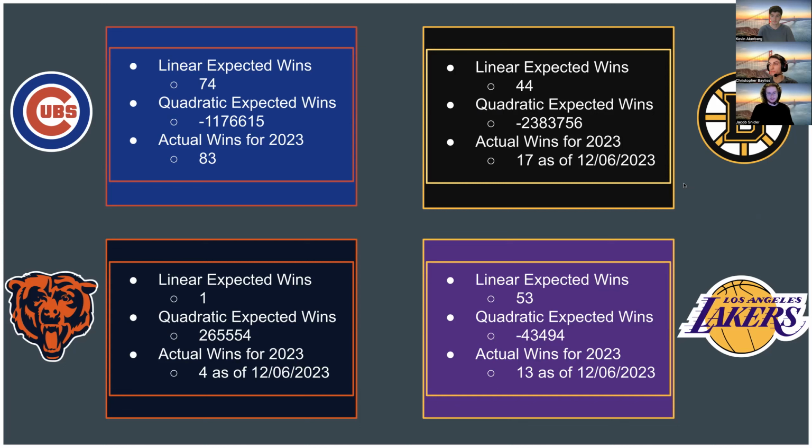And lastly, for the Lakers, our linear expected wins was 53. Our quadratic expected wins was negative 43,000, which isn't possible. And so far, they actually have 13 wins. So it may be safe to say that they will probably get above 53 wins this season.